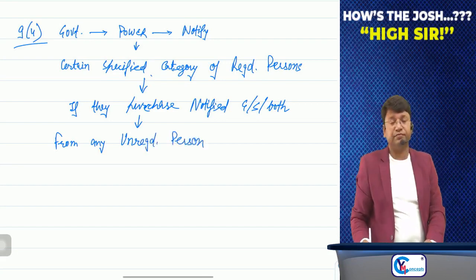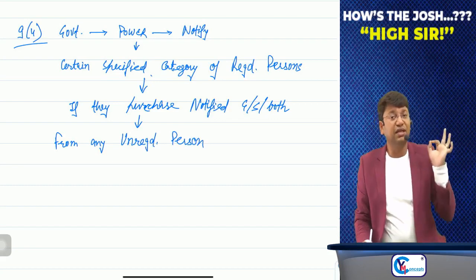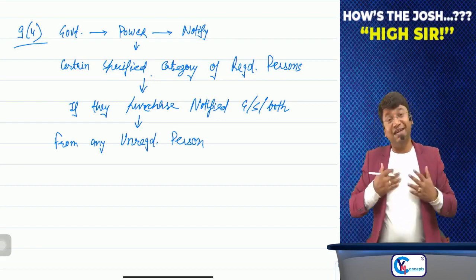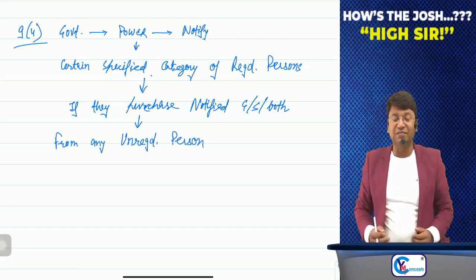unregistered person. So the supplier is an unregistered person, sir, and the recipient is a notified category of registered person.